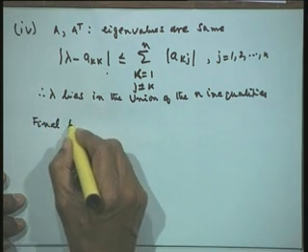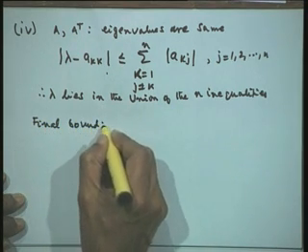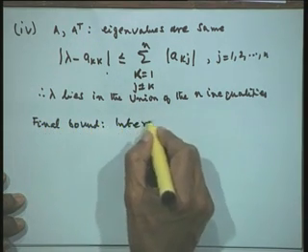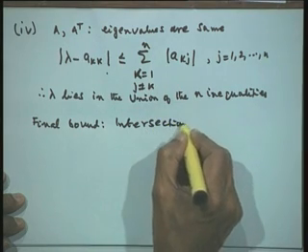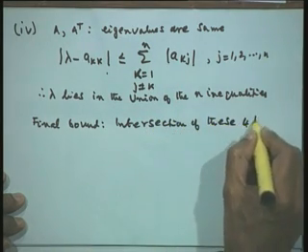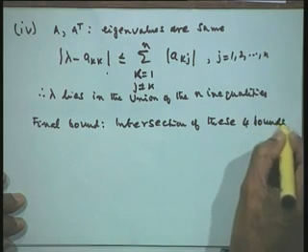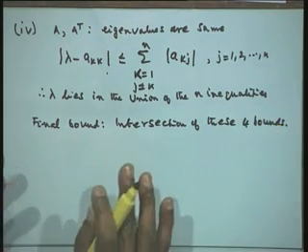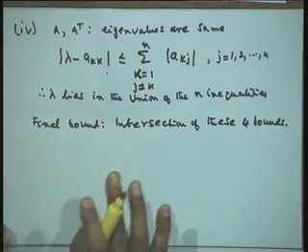Therefore, the final bound will be the intersection of these 4 bounds. This would give us a quite good estimate of this.